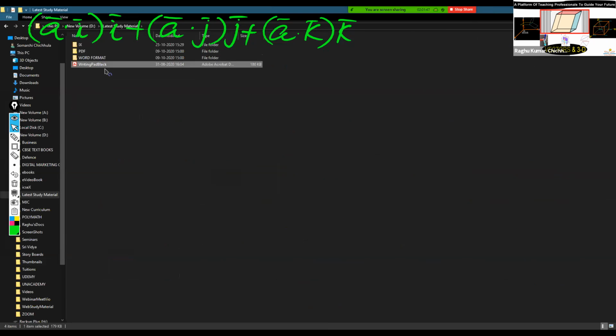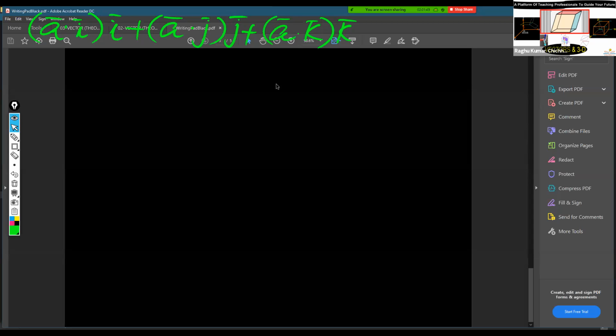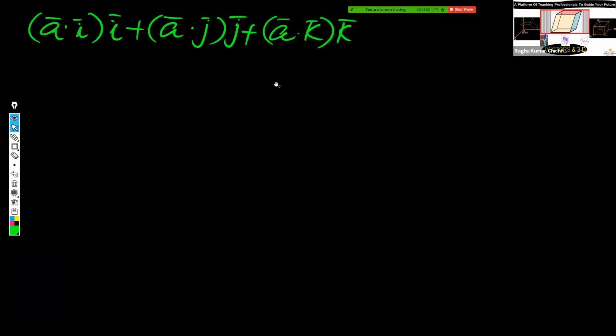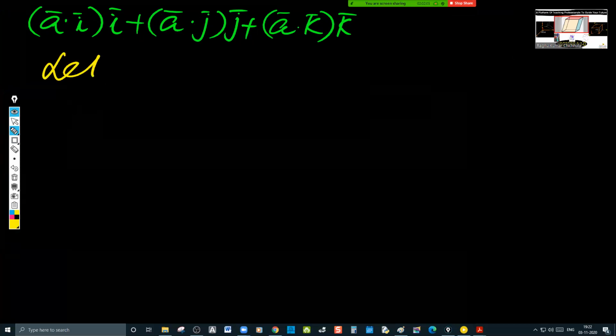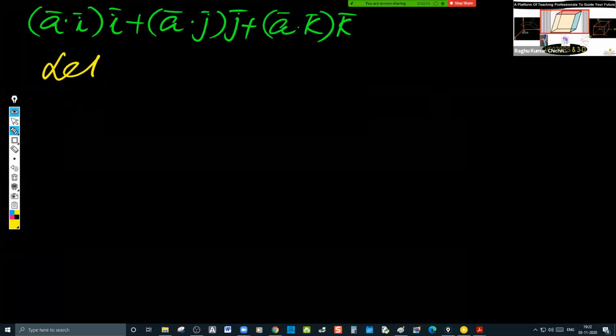You have to understand this: A dot i into i plus A dot j into j plus A dot k into k. Let A bar be any vector, a vector of your choice: A bar is equal to xi plus yj plus zk.